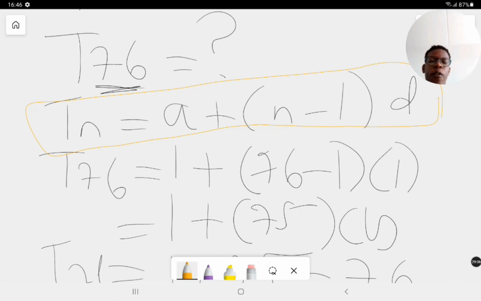You don't use this formula for any other kind of sequence. If they give you any other kind of sequence and the difference between two successive terms is not common or is not constant, then you do not use this formula. You only use this formula if the difference is common. Those are the fundamentals of what an arithmetic sequence is.